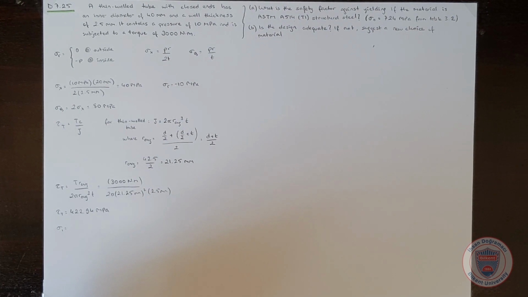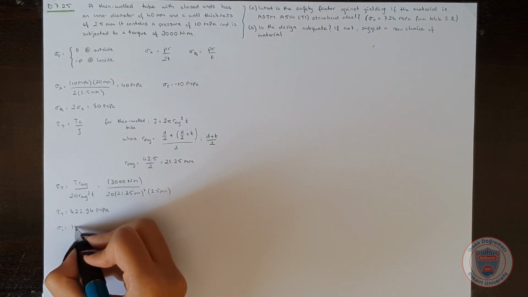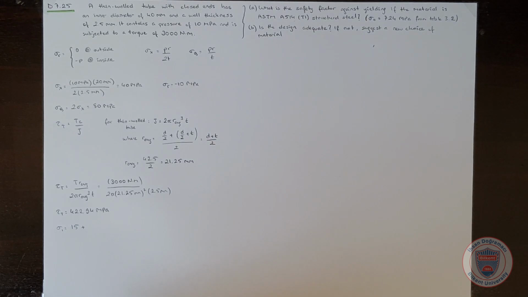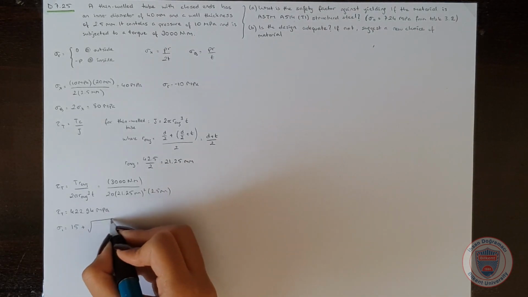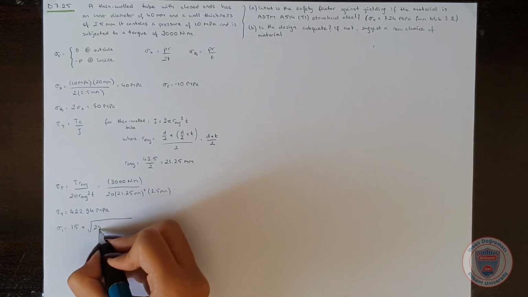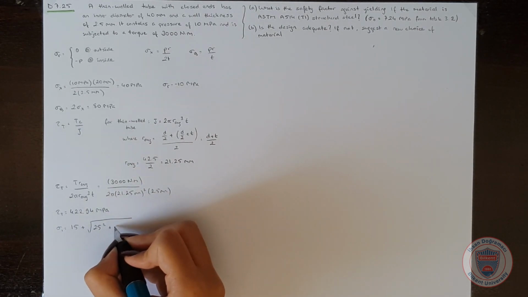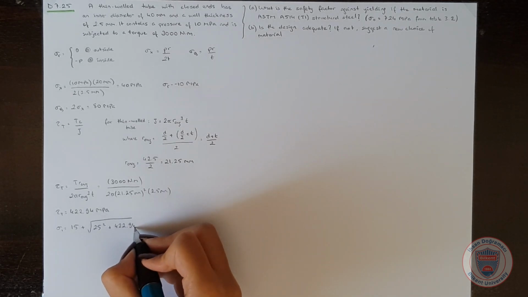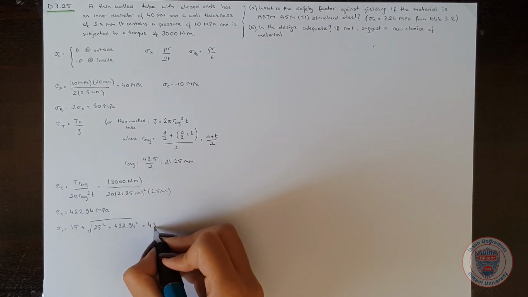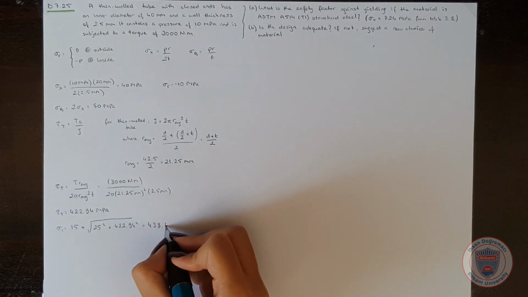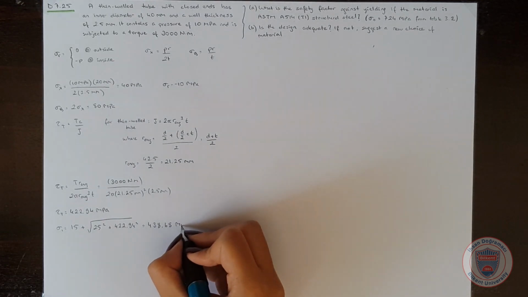Sigma 1 will be 15 plus, this is equal to sigma X plus sigma R over 2, plus the square root of 25 square plus 422.94 square, and sigma 1 is equal to 438.68 MPa.